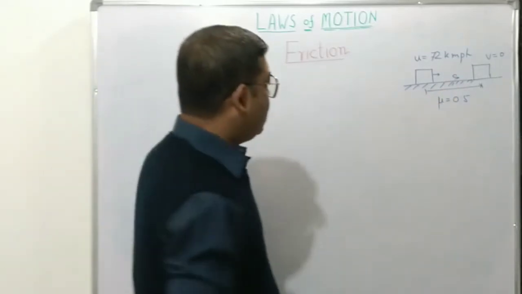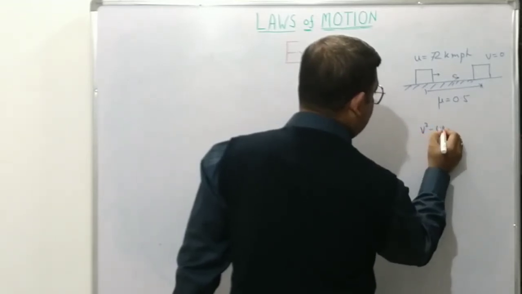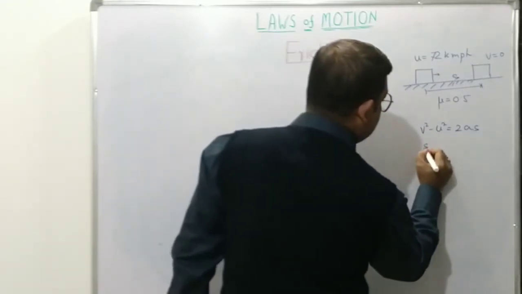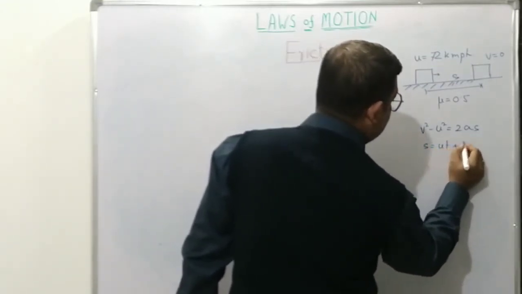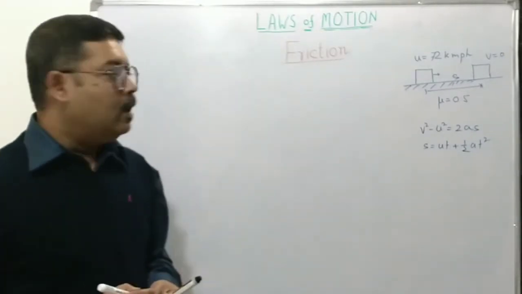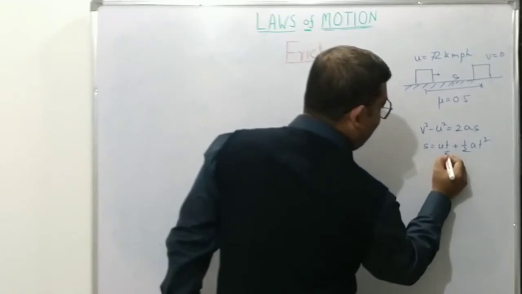From the equations of kinematics, we know that we have two equations. One is v square minus u square equal to 2as, and s equals ut plus half at square. Now, from the information available here, it's very difficult for us to find time.